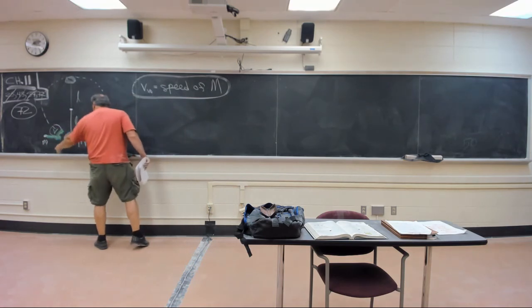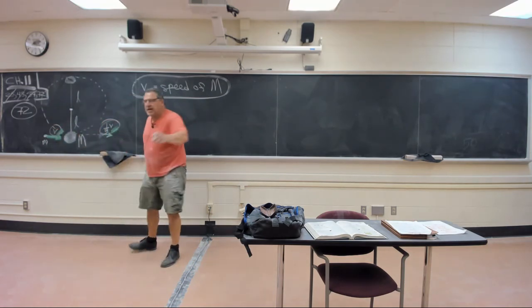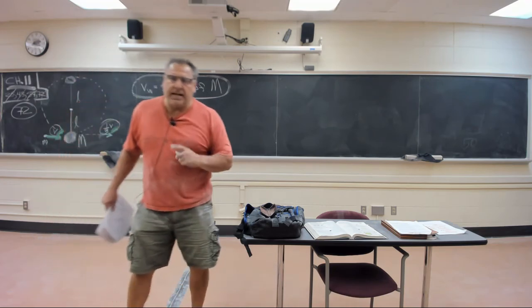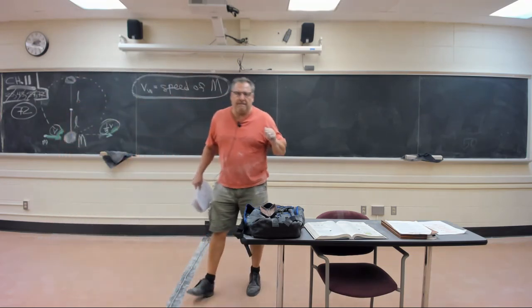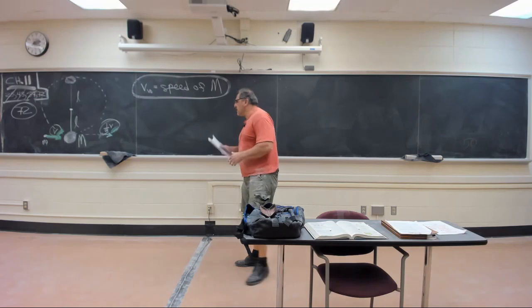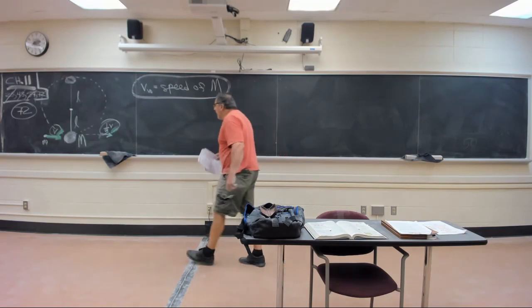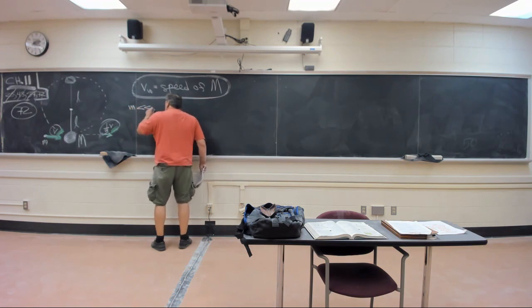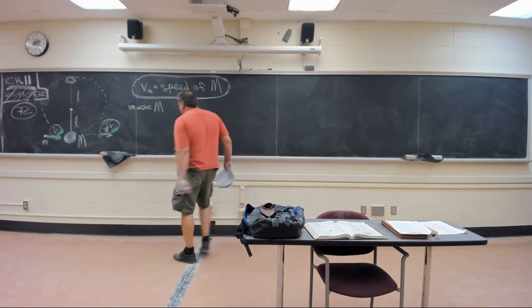The V and the 1/3 V pertain to the bullet. But the V sub W will pertain to the large mass. They are telling us that the mass of the bullet is much, much smaller than the mass of the bob.